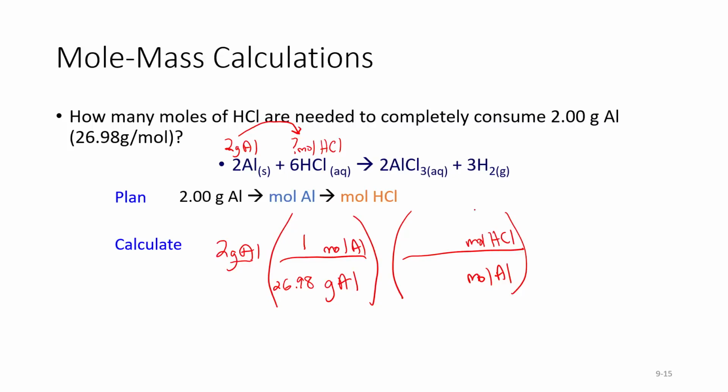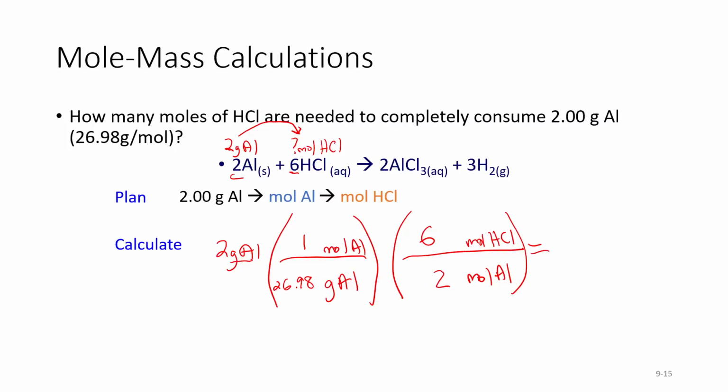Now here, our conversion factors come from the coefficients because we're going from moles of one substance to moles of another substance. So the number 2 is in front of Al, and the number 6 is in front of HCl. We're going to multiply across the top and divide away the entire bottom.